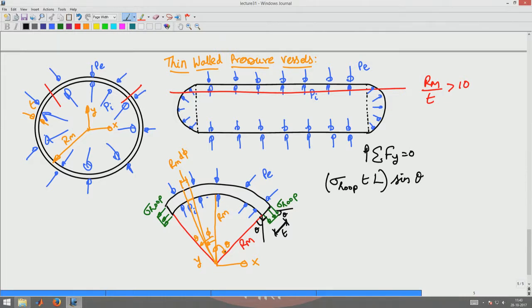Now, to this I have to add what is the effect of the inner pressure Pi. The inner pressure Pi acts at an angle phi. Let us look at an angular orientation phi from the center of the cylinder circle.